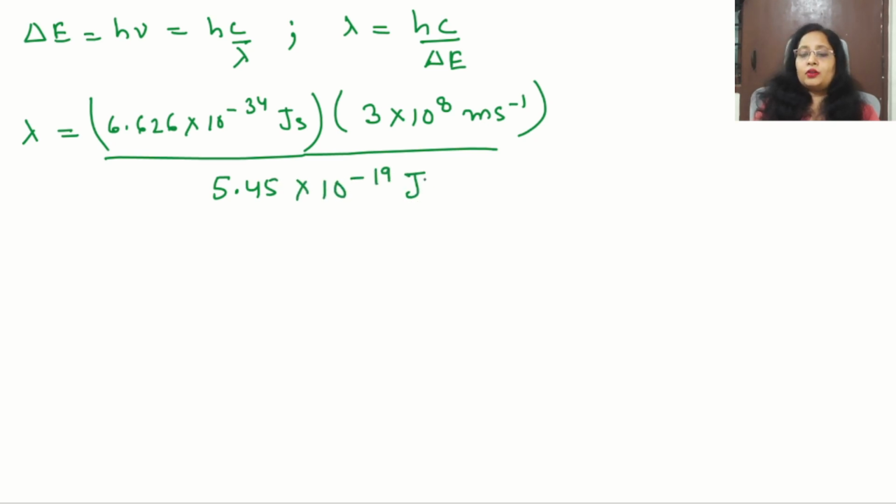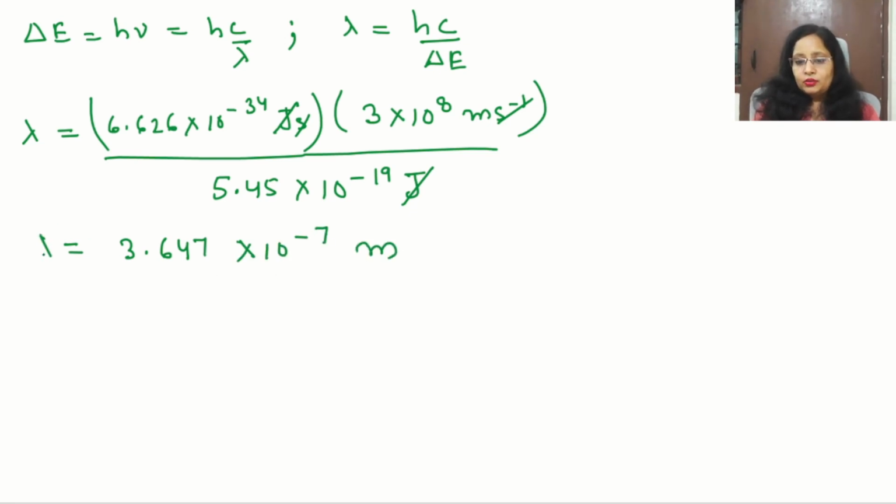Now start doing the calculation. First we will cancel joule with joule, and second with per second. Now doing the calculation, we will get the value 3.647 into 10 to the power minus 7 meter.